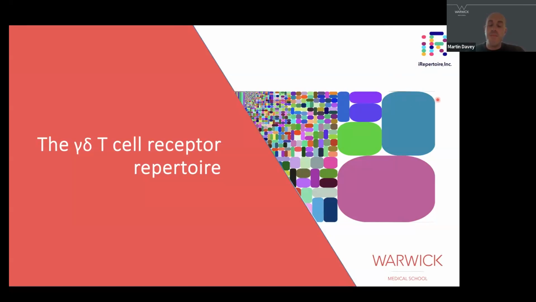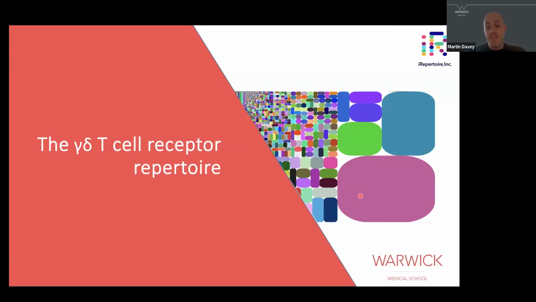This is a tree plot which shows a gamma delta repertoire, and you can see each of these quadrants of color. Each of these quadrants represents a single gamma delta CDR3. So this would be a gamma CDR3. And the size of the quadrant of color indicates how much of the repertoire that CDR3 receptor is taking up within the repertoire.